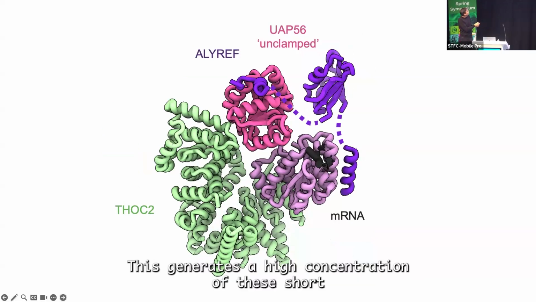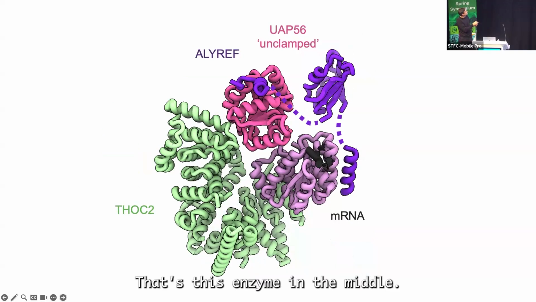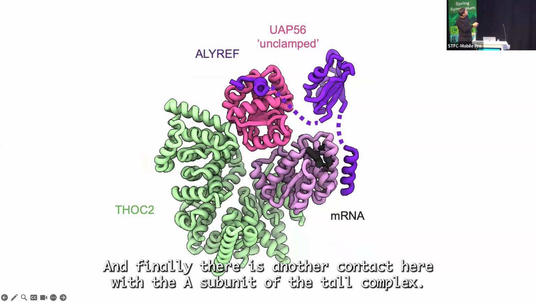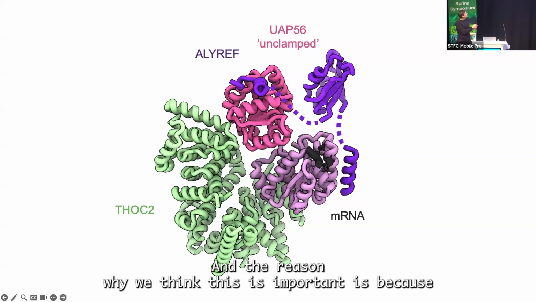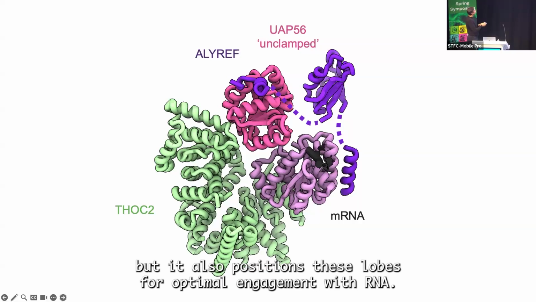This generates a high concentration of these short peptides that in a second step can bind to UAP56. That's this enzyme in the middle. And finally, there is another contact here with a subunit of the Tau complex. The reason why we think this is important is because Tau not only multimerizes, meaning multiplies this binding site times 4, but it also positions these lobes for optimal engagement with RNA.